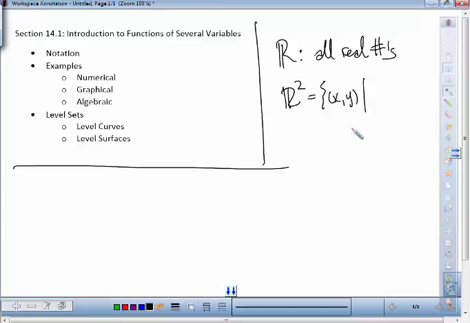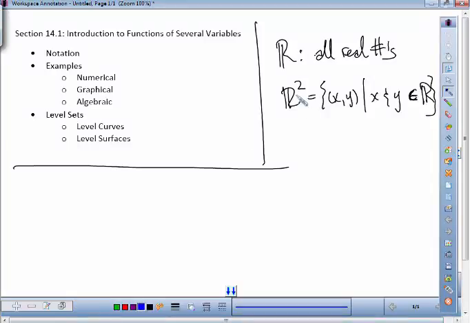It's that phrase, such that. x and y are elements. Now this little e here is to say an element of a real number. x and y are real numbers.